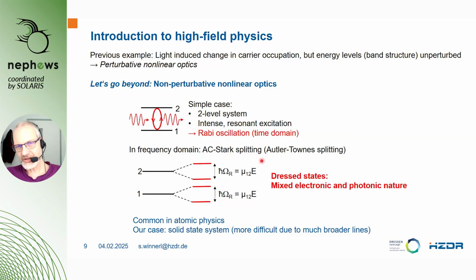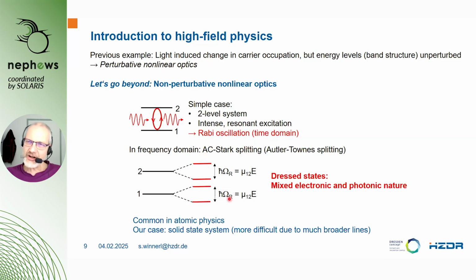This is called AC Stark splitting or Autler-Townes splitting. And the energy of this splitting is proportional to the electric field and the dipole moment of this transition. So this is h bar omega Rabi, this Rabi frequency that we saw in the time domain.